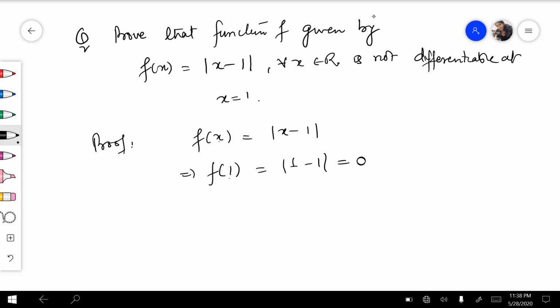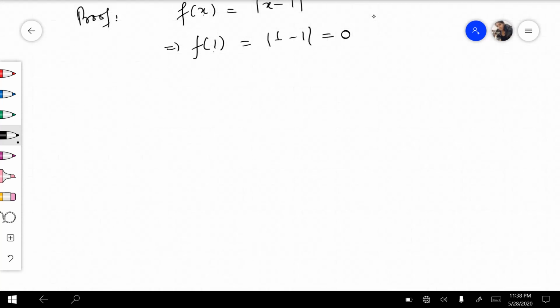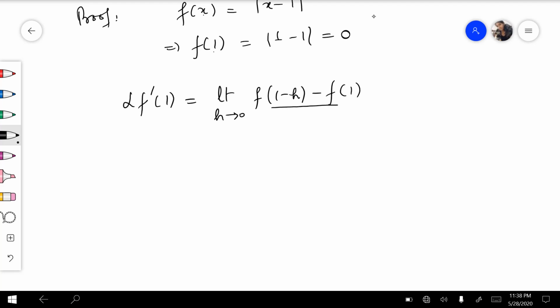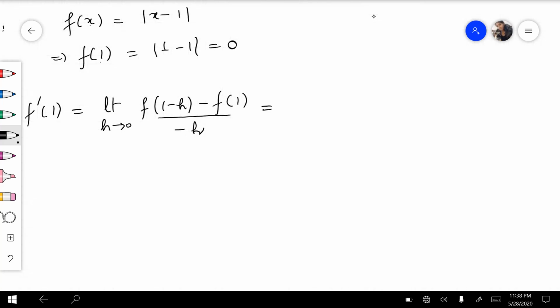Now let's calculate the left hand derivative at 1. Left hand derivative at 1 will be equal to limit h goes to 0 of f of 1 minus h minus f of 1 upon minus h. H is very small quantity that is taken as tending towards 0. Limit h goes to 0, modulus of 1 minus h minus f of 1 is 0 upon minus h.